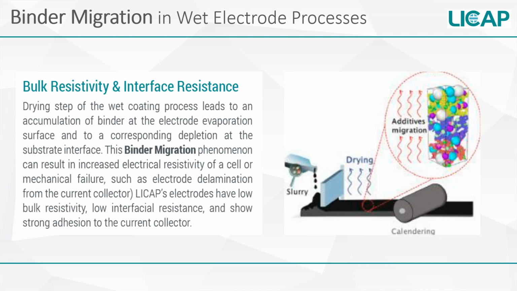The binder migration phenomenon can lead to increased electrical resistivity, ESR, and/or mechanical failure, such as delamination of the electrode from the current collector foil. Not all processes are created equal, and some will result in less binder migration than others, but the phenomenon exists and cannot be completely avoided in wet electrode manufacturing. Again, Licap has no drying process and therefore no binder migration phenomenon to adversely affect performance.